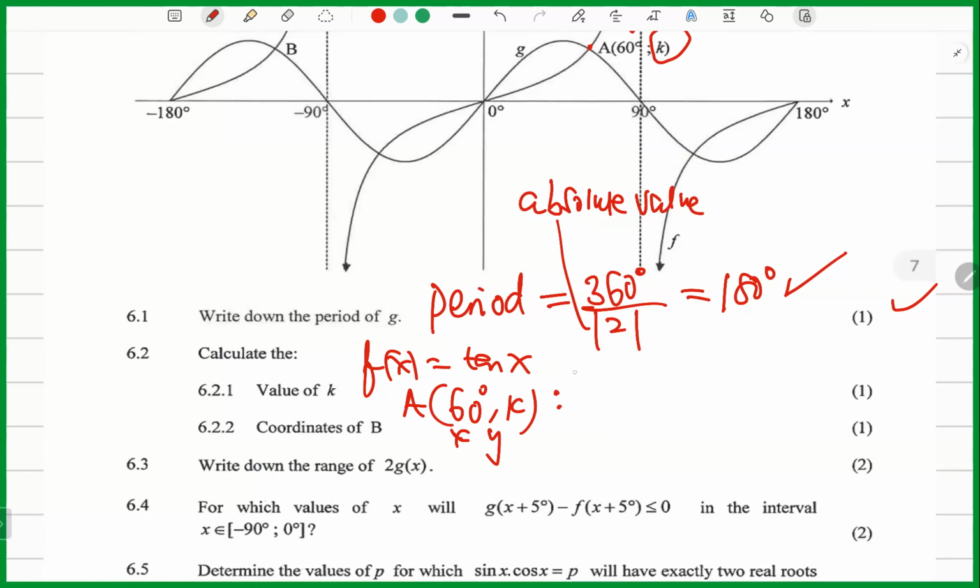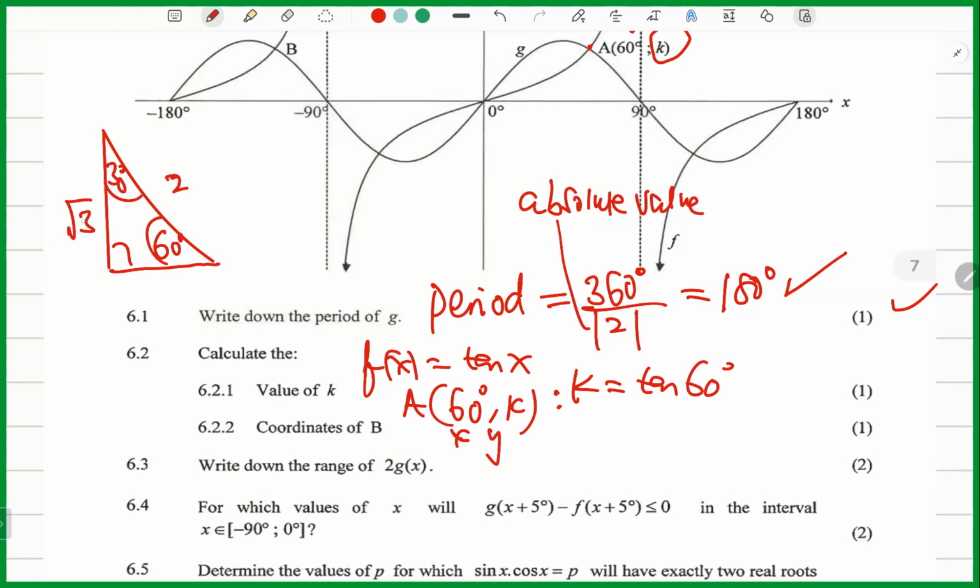Which means K equals the tan of 60 degrees. Okay, good. Then what do we get out of this? What we're getting is that this triangle is 60 degrees here, it is 30 degrees there, it is 2, it is the square root of 3, it is a 1.